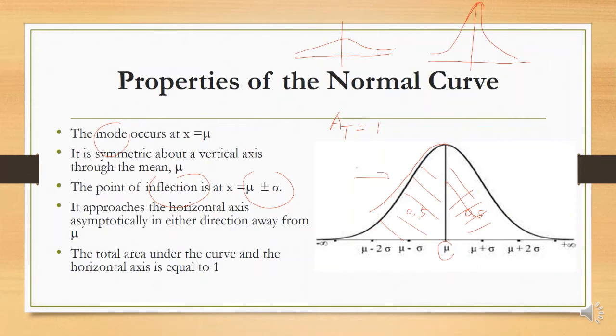You should have the right height for your bell shape. It approaches the horizontal axis asymptotically. Meaning, they should not touch. In these parts, actually, they approach 0 but will never touch. The total area under the curve and the horizontal axis is equal to 1. Okay?